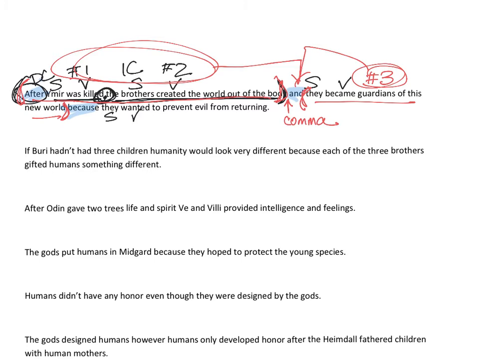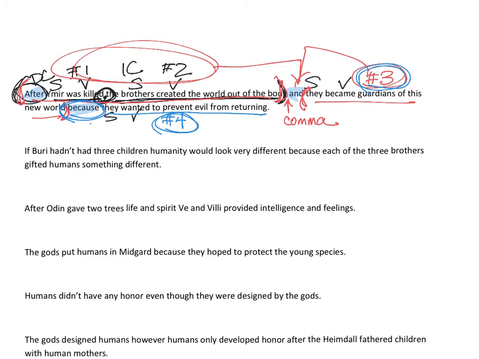Okay, so now let's keep going. So I now have sentence number 4. Sentence number 4 says they wanted to prevent evil from returning. How is sentence number 4 connected to sentence number 3? Well, through the use of the word because. Does because allow a sentence to flip-flop?